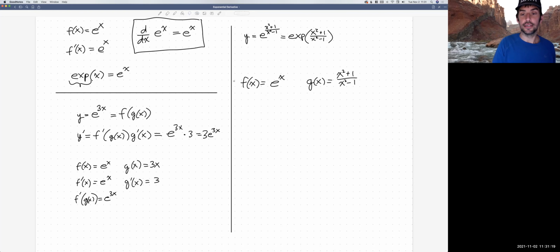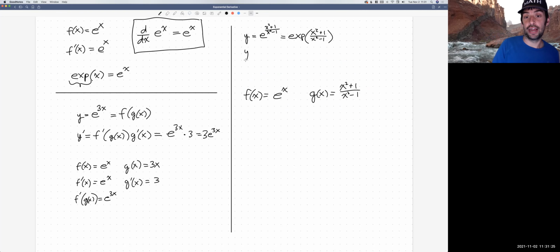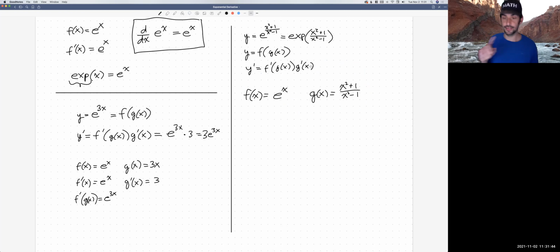Having written it this way, I now can see that this is the composition of f and g, and its derivative is then f prime of g of x times g prime of x. So let's compute these derivatives.